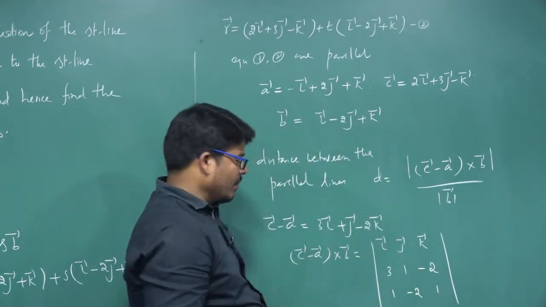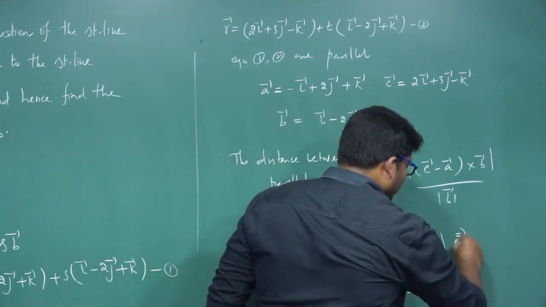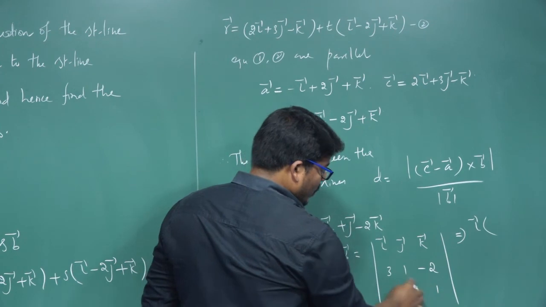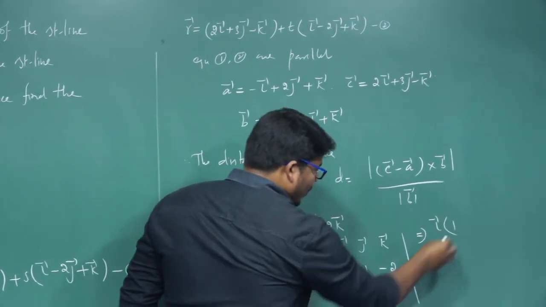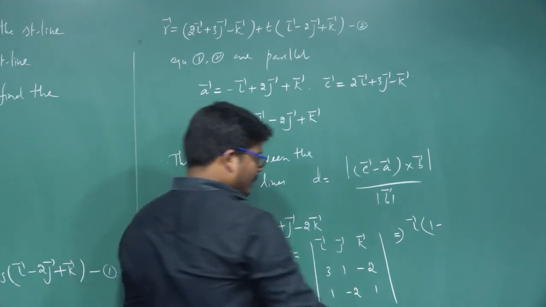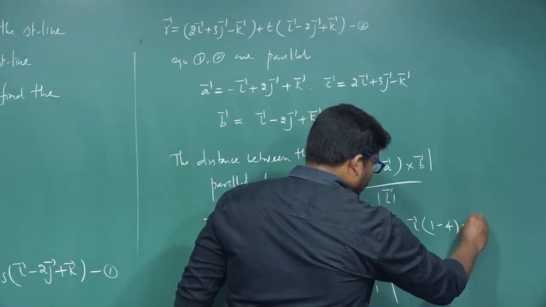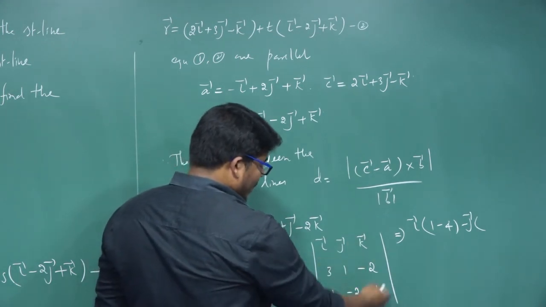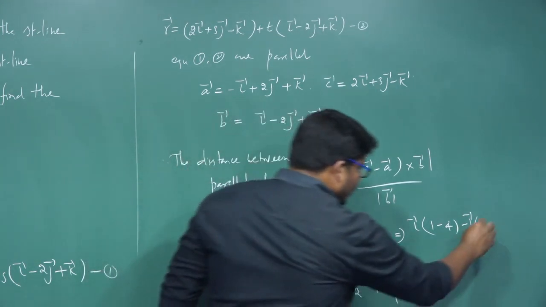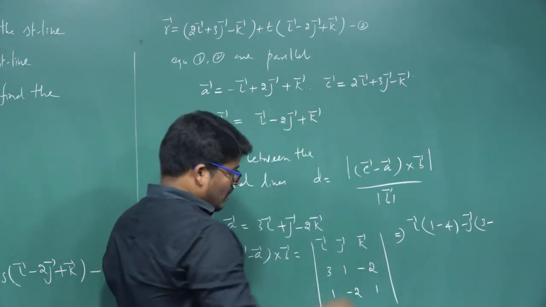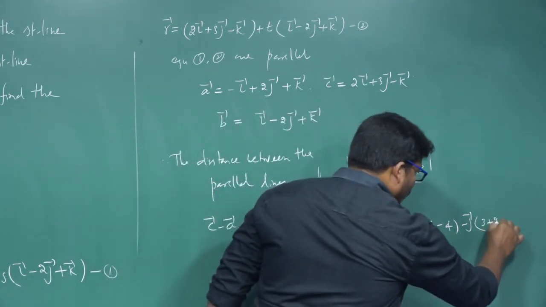Now expanding the determinant: i vector into the minor matrix, 1 times 1 is 1, minus 2 into minus 2 is plus 4, which is minus 4... minus j vector into the minor matrix: 3 times 1 is 3, minus 1 into minus 2 is plus 2.